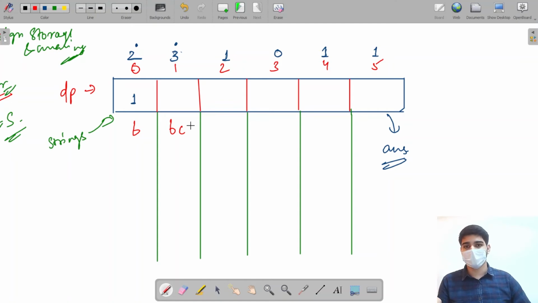The other possible encoding is when I come together with the previous number, 2, as 23. So for dp of 1, there are two possibilities: it comes with 3 or it comes with 23. 3 gets me c and 23 gets me w.